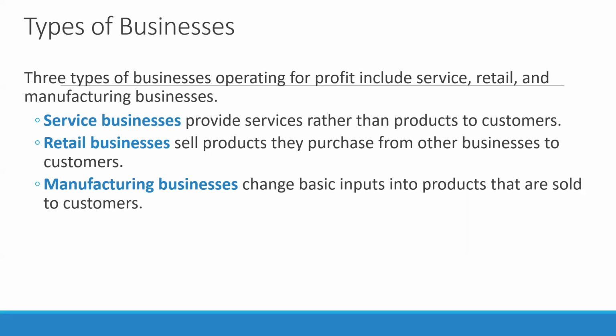Retail, they're purchasing inventory, generally. That's going to be the majority of the expenses. Inventory, and then selling that inventory, for which the expense would be cost of goods sold. The revenue would be retail revenue or revenue from sales or things like that.